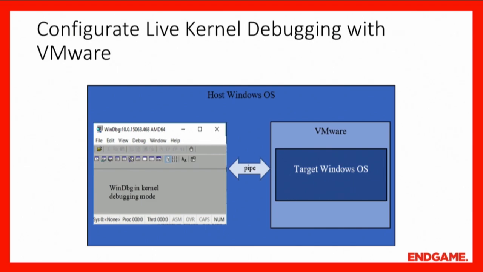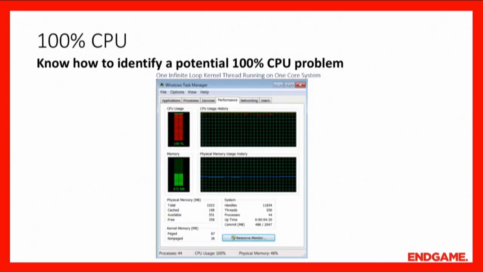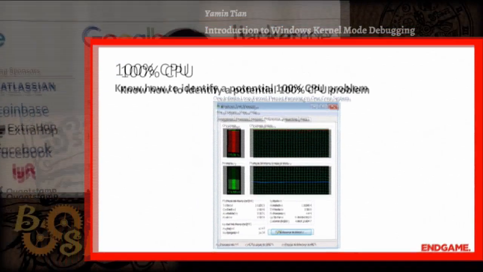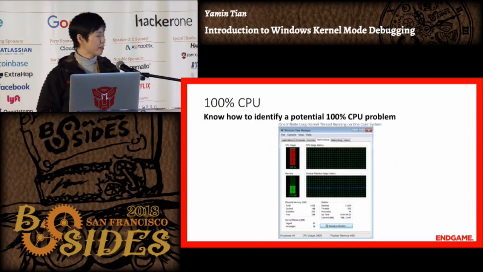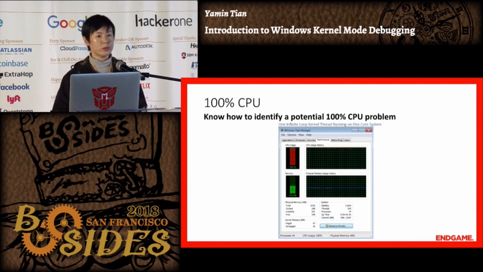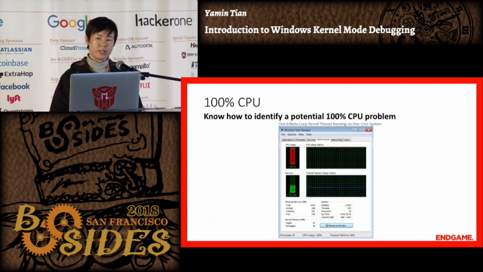So let's move forward. The first common problem is 100% CPU. So 100% CPU in the kernel might sound very scary to you, but for me, it's really the simplest problem of all.